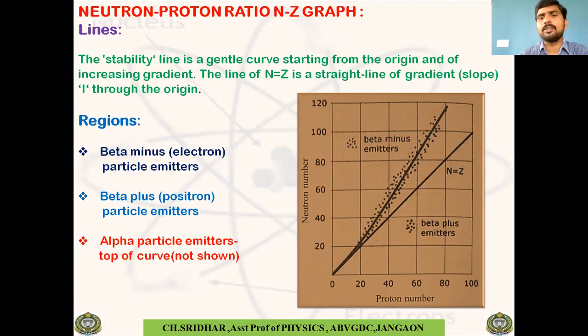Nuclei which have a neutron to proton ratio greater than 1 are beta minus emitters, that is the electron emitters. And where the neutron proton ratio is less than 1, they are beta plus emitters, that is the positron emitters. So this is the neutron proton graph, the N-Z graph.